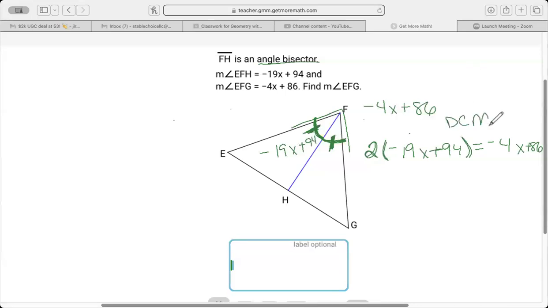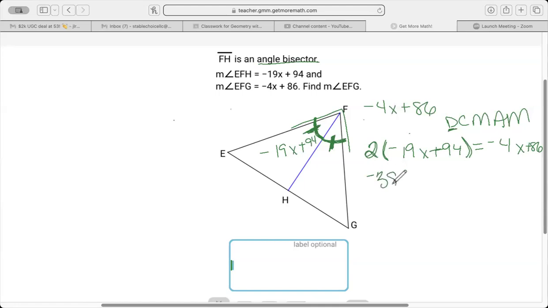So always with this, don't call me after midnight. And we do have distributive property now, right? So I'm going to use my calculator because we don't want to make any mistakes, especially since we have that negative 19. Make sure you put negative 19 in there. So 2 times negative 19x is negative 38x. Oh, because the 2 is not negative.